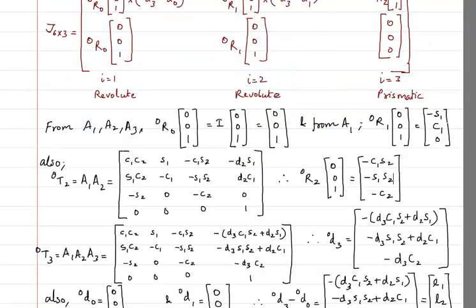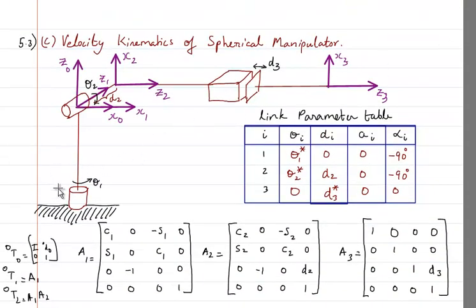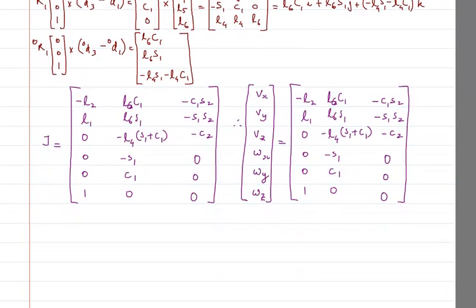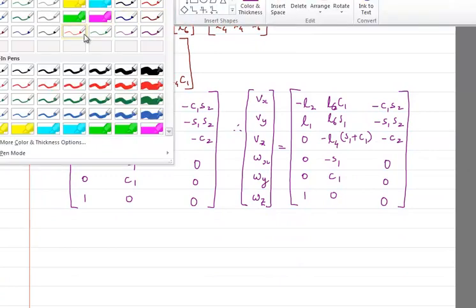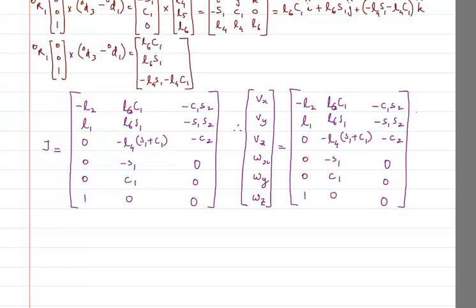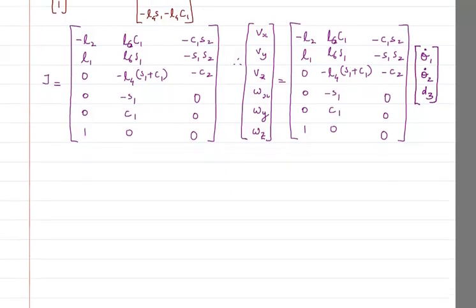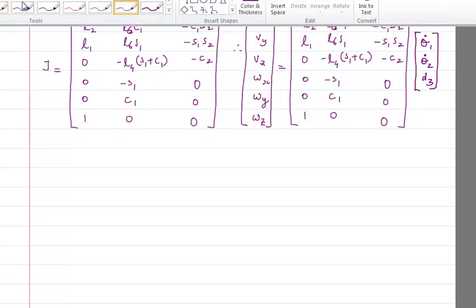What are the joint variables? If you look here, the joint variables are theta 1, theta 2, d3. So it will be the derivatives: theta 1 dot, theta 2 dot, d3 dot, and that will finish the equation, from which I can now find the values of Vx, Vy, Vz.